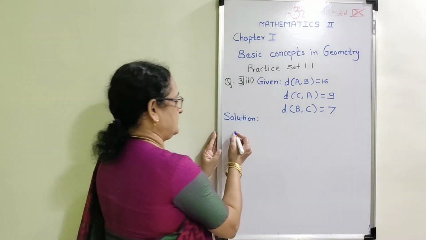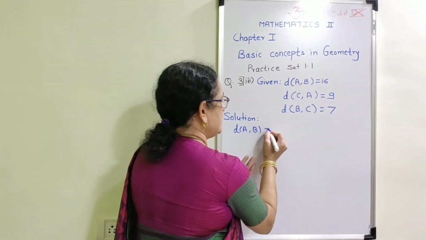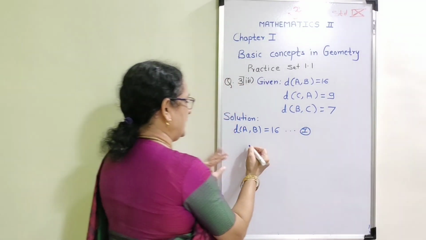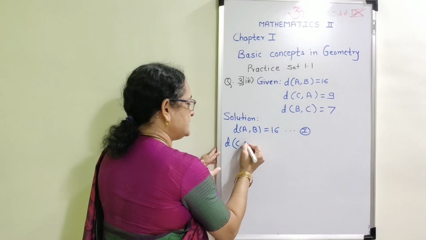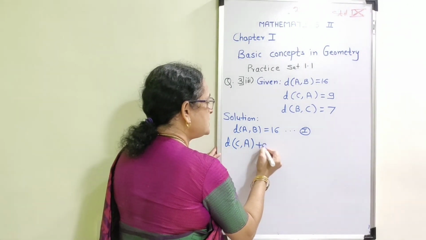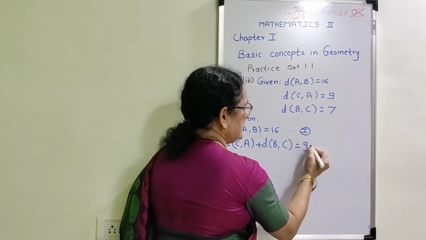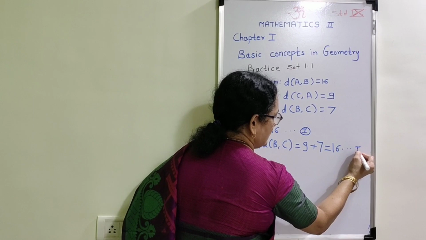Now the solution. Distance AB is equal to 16. This is our statement number 1. The sum of the remaining two distances, that is distance CA plus distance BC, is equal to 9 plus 7, which is also equal to 16.